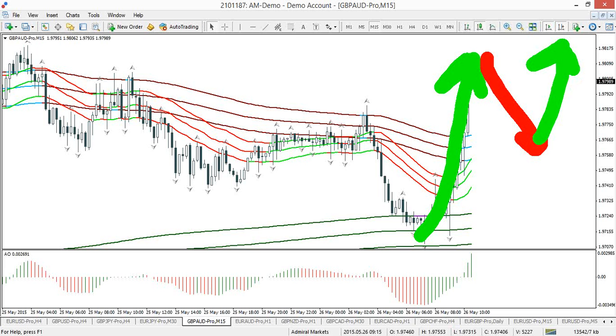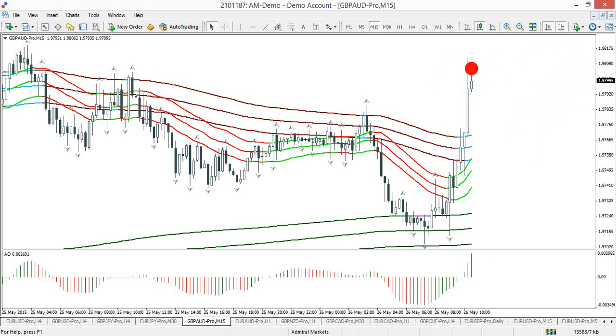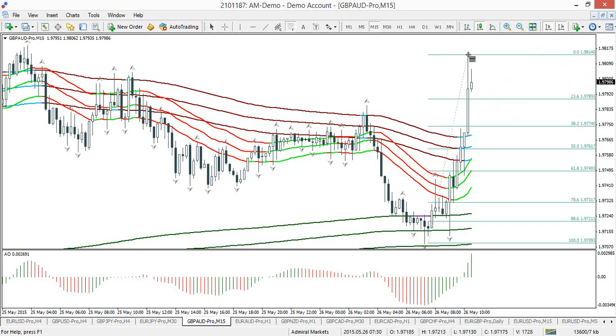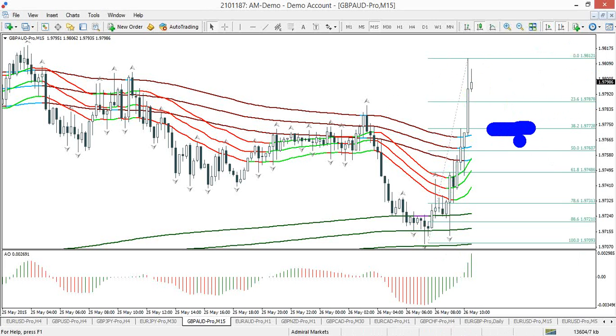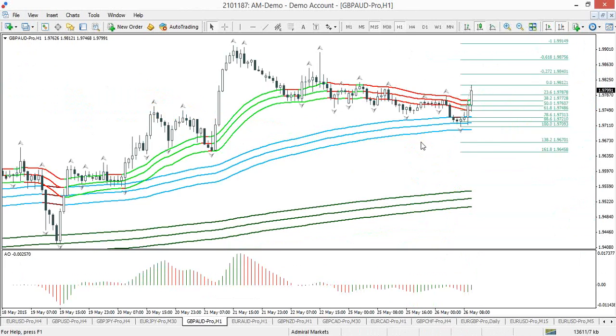Most times it does, especially if you get kind of a bull flag like this. So what I do typically then is put a fib from here to here and look for bounces at this level. I think the pound yen and pound Aussie both have a similar setup like that.